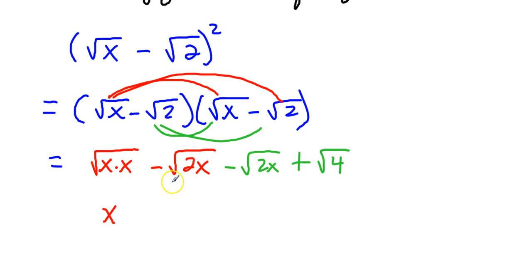You've got a minus square root of 2x and a minus square root of 2x on those. That's where you're going to add or subtract the numbers in front. So if you've got negative 1 minus 1, that's a negative 2 square root of 2x. Those are the ones that kind of sneak in on you sometimes, because you forget about that 1 that's in front. Square root of 4 is 2.